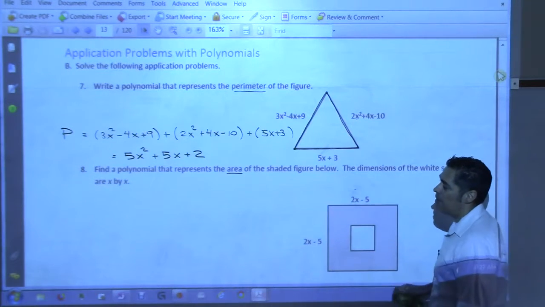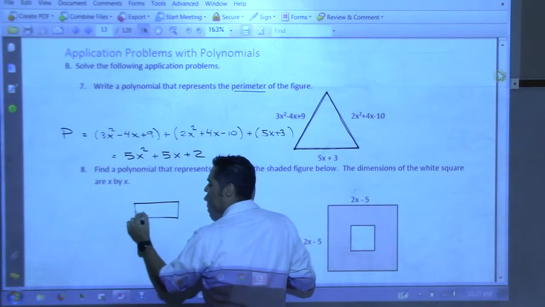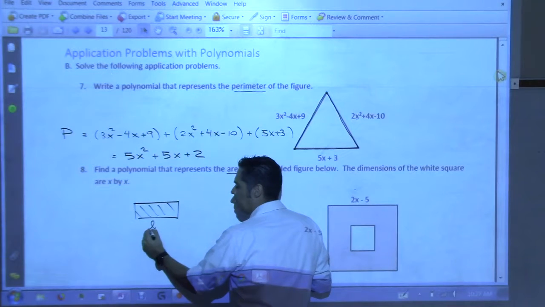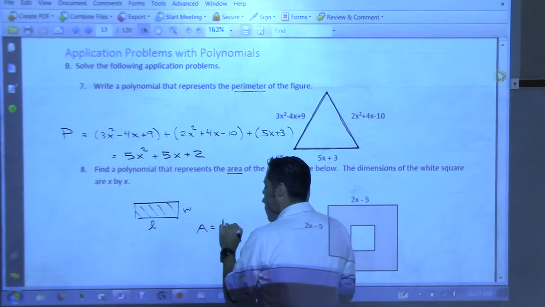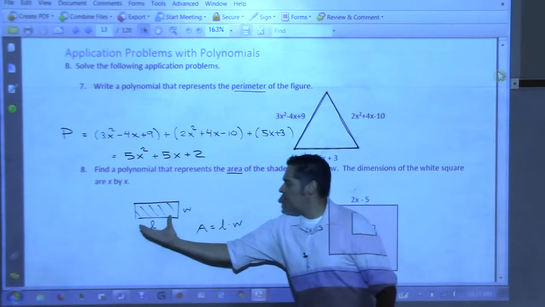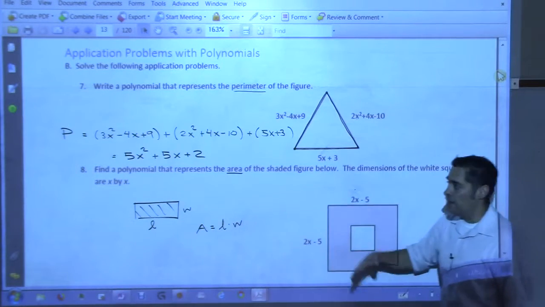Now how do we calculate the area of a rectangle? Somebody gives you a rectangle and they want to know how much stuff is inside, and they give you the length. I'm going to do L and W. The area is length times width. Y'all remember that formula? The length of one side times the length of the other side, multiply those two together, that's the area inside.